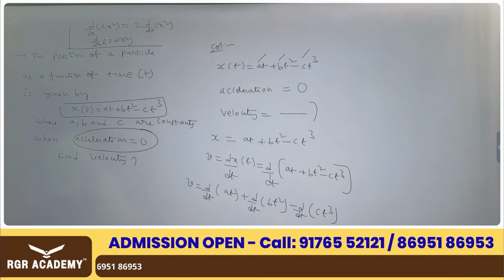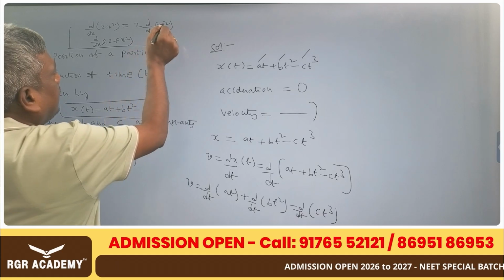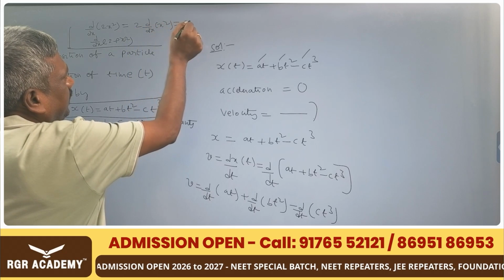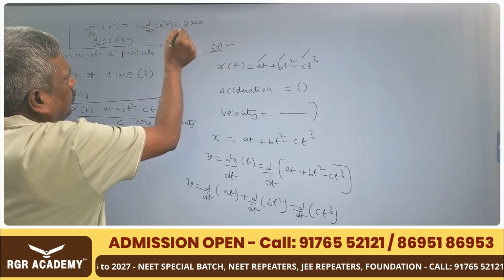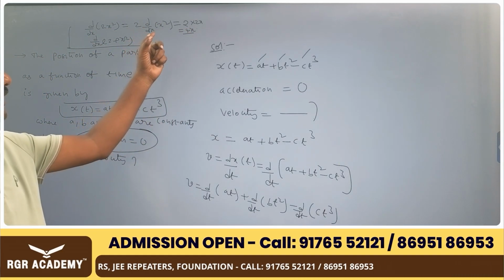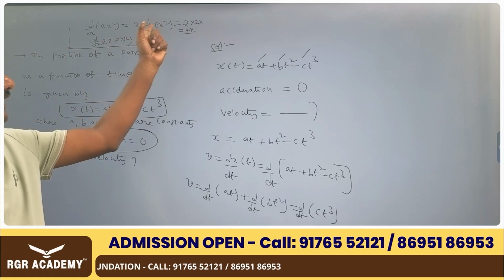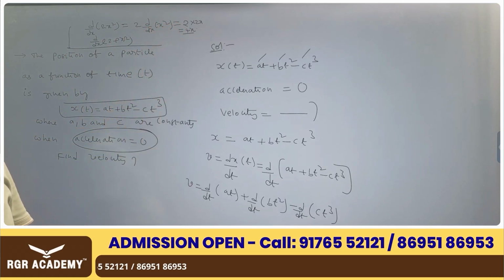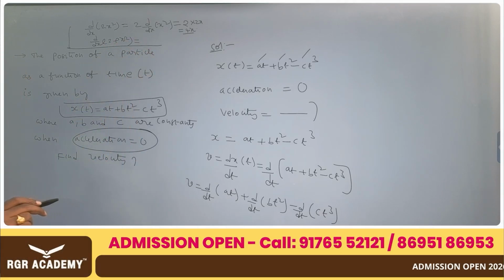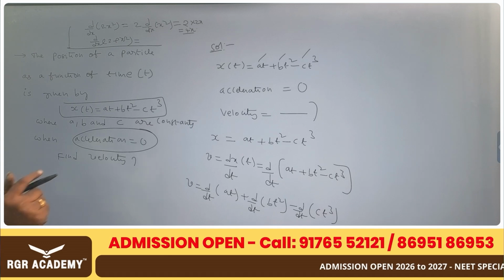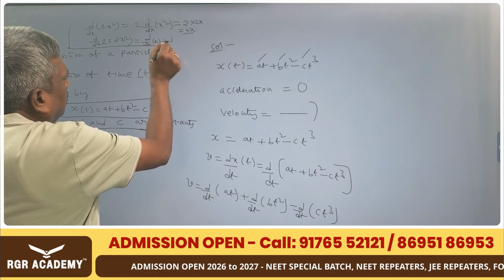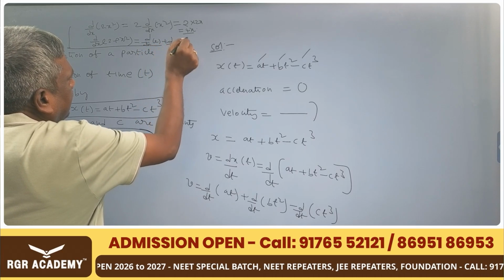It contains 2 terms, so we write d by dx of 2 plus d by dx of x square.